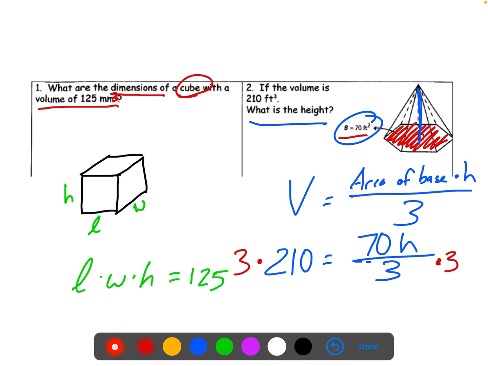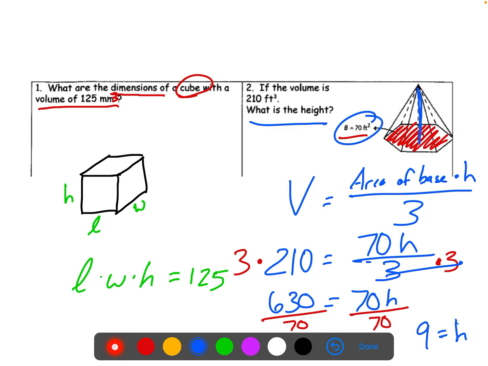All right, now I have, let's see, that would be 630 equals, we canceled this now, so 70h. I just have a one-step equation to solve now. I need to cancel this times 70. We'll divide by 70. And what you get is that h, being the height, equals 9 for this hexagonal pyramid.